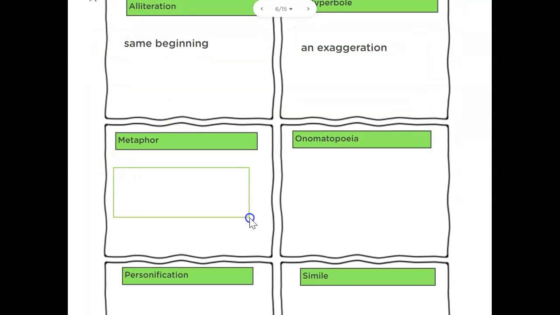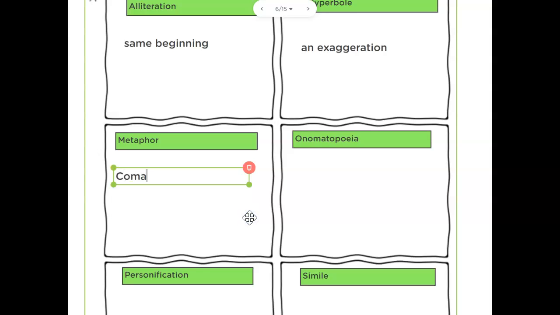Metaphors compare two things using is or are, and all the variations of that. Am, were.